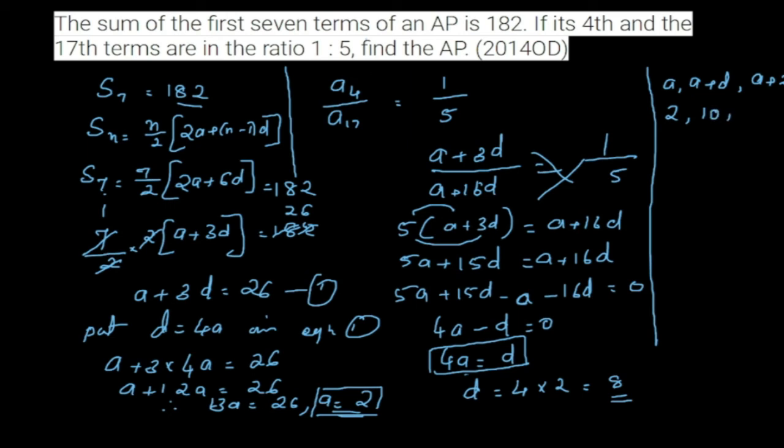Then the third term is a plus 2d, that is 2 plus 16, so it will be 18. 2 plus 8 is 10, 10 plus 8 is 18. And so on. So the AP is 2, 10, 18 and so on. This is the AP.